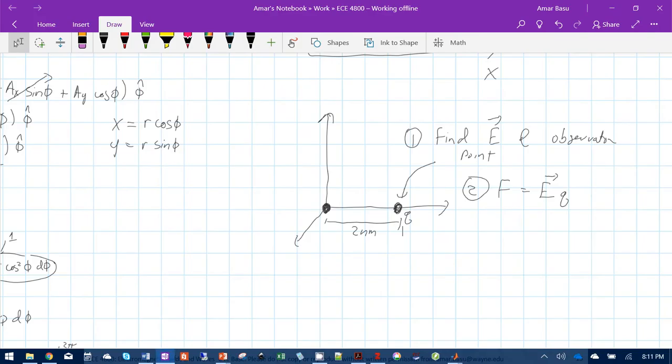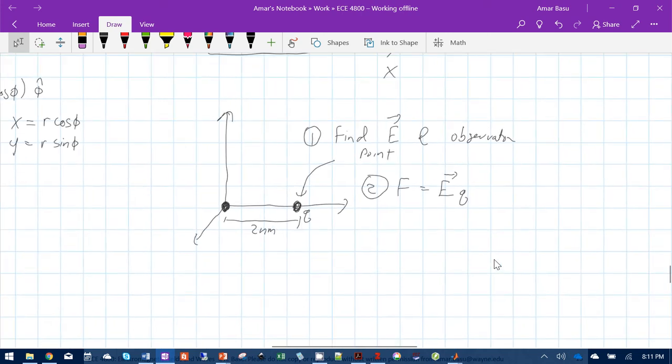In this problem, there's one charge at the origin and another charge 2 nanometers away. We're putting them 2 nanometers apart. That's the distance between them. Question? Yeah, please go ahead. Okay. All right.